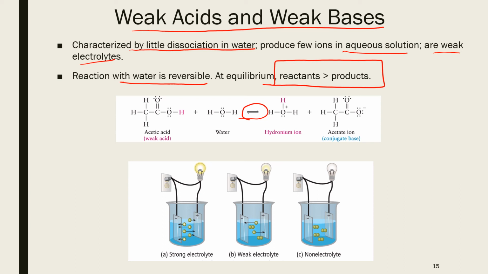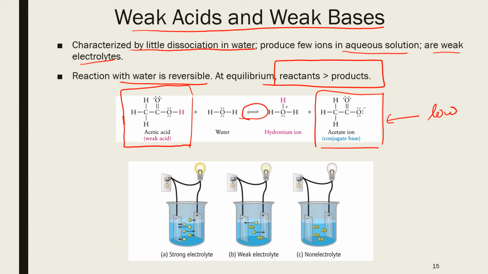So that means at any point at equilibrium, most of the reactant is not dissociated. Only very few molecules will dissociate. So therefore, the concentration of product is low.